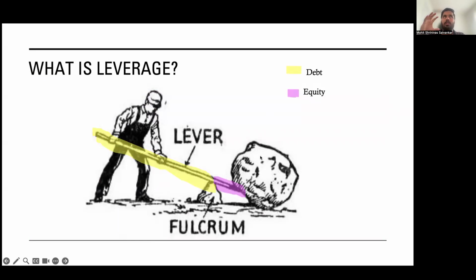If we look at financial management in terms of this image for the gearing ratio or the leverage ratio, what we see is the pink portion here is the equity and the yellow portion here is the debt. When you learn the cost of capital, you will understand that the cost of debt is smaller than the cost of equity because the risk that the equity holders take is higher compared to the risk that the debt holders take.